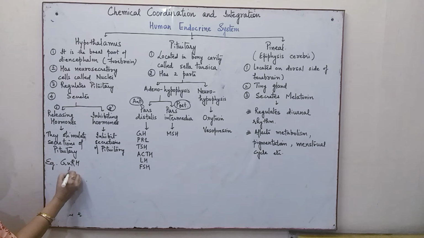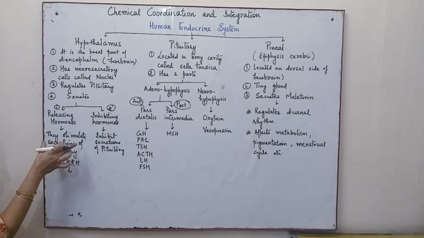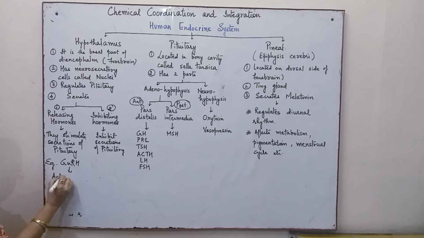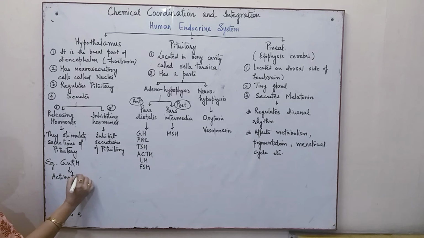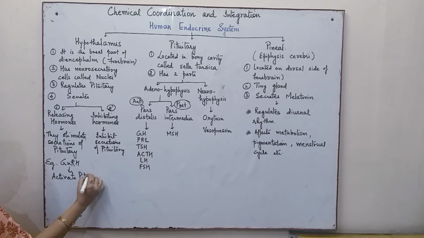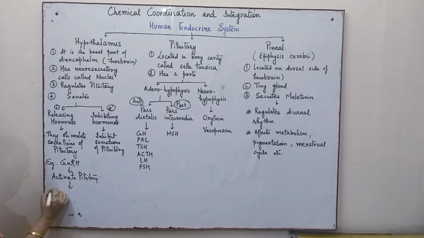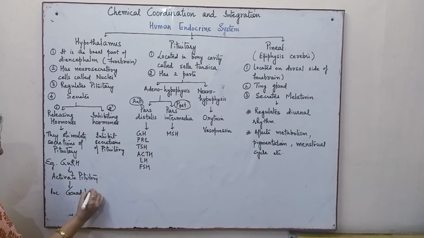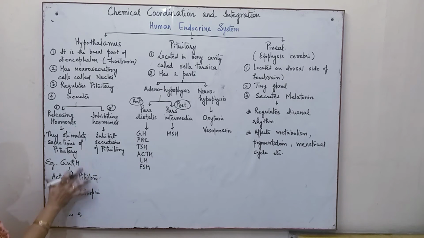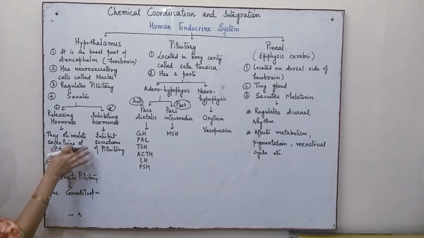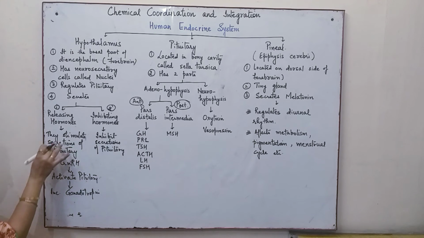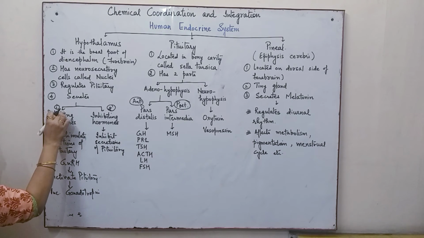So GnRH is released by the hypothalamus, which is actually the releasing hormone, or it activates. So it will activate pituitary, which in turn will have increased production of gonadotropin hormones. So overall, when we see over here, there is an increased secretion of the hormones, due to the stimulation of the pituitary by the releasing hormones.